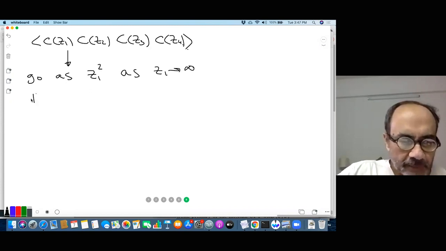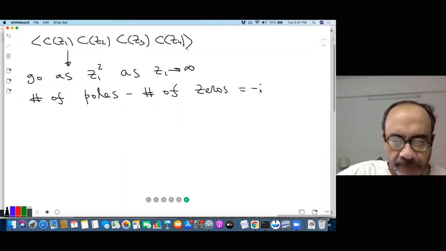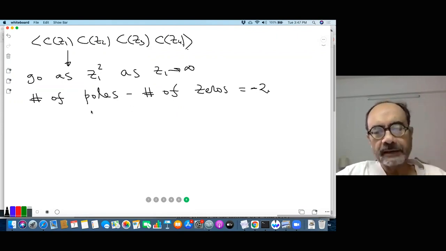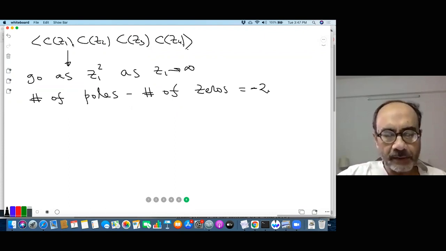So this means that the number of poles minus the number of zeros is -2. There are more zeros than poles, because it's growing. Now because C is an anti-commuting operator, this has to be antisymmetric under Z1 Z2 exchange when they come close.